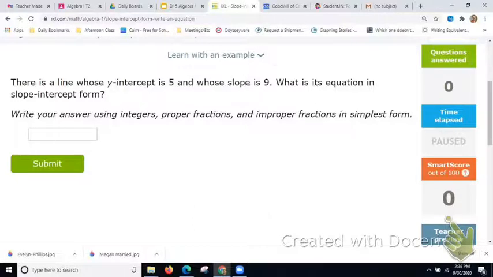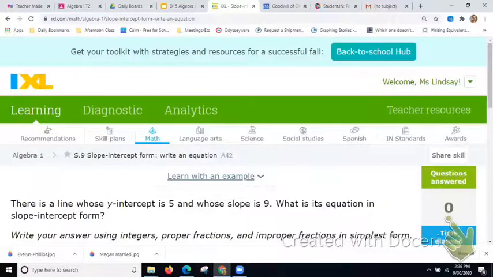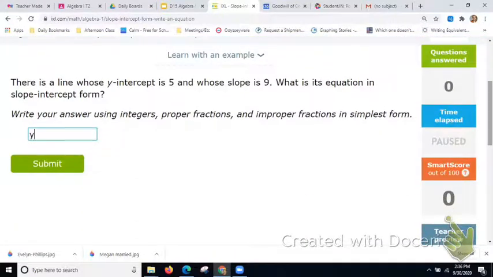So y is equal to, oh, sorry about that. Go back. Y is equal to 9x plus 5. So the one that says slope, that one goes in front of the x. You're always going to have to type y equal some number, then x, plus or minus something.